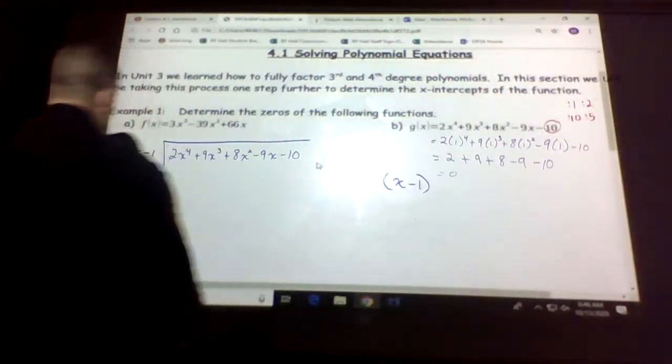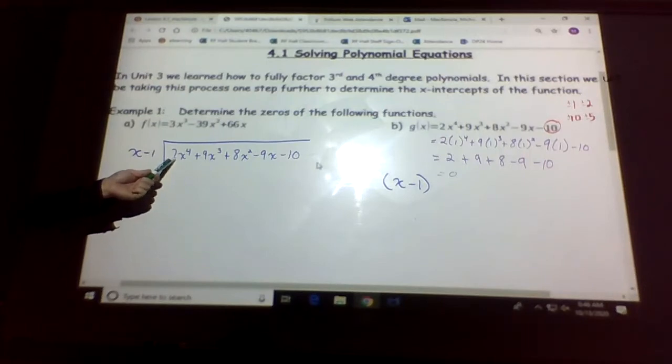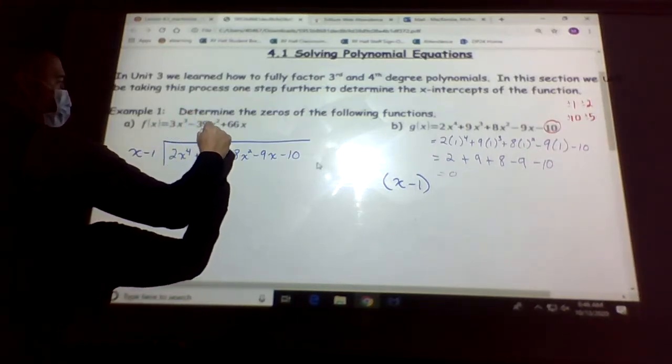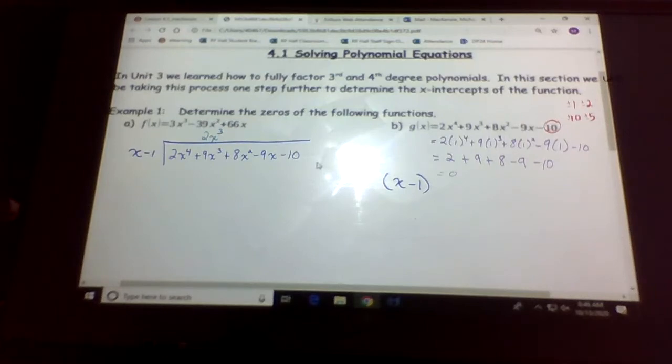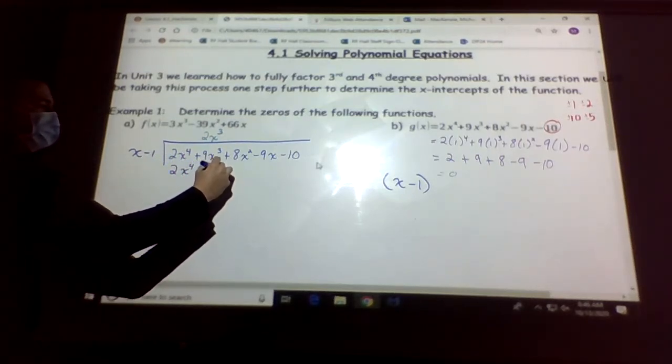Okay, so let's start long division. What can I multiply the x by to get to 2x to the power of 4? 2x cubed. So we get 2x^4 minus 2x^3.